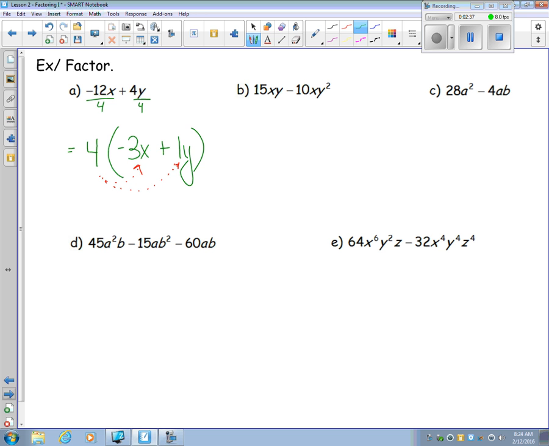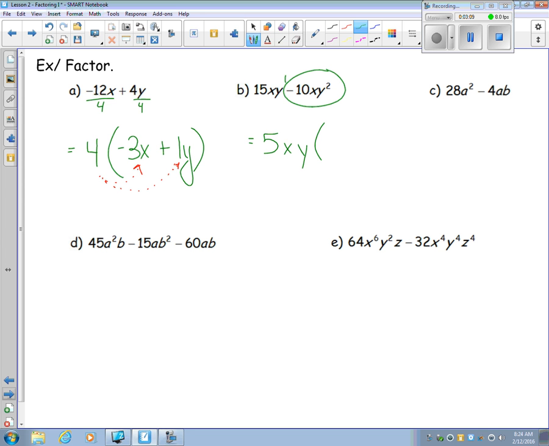What does 15xy and 10xy squared have in common? They're both divisible by 5. I also notice that both terms have an x in them, and both terms have a y in them. Now, the second expression, the 10xy squared, has two y's. Y to the power 2, two y's. But because the 15xy doesn't, I can't say y squared is common. They only have one y in that first part. Okay, our idea here is I can't take out more than it has.